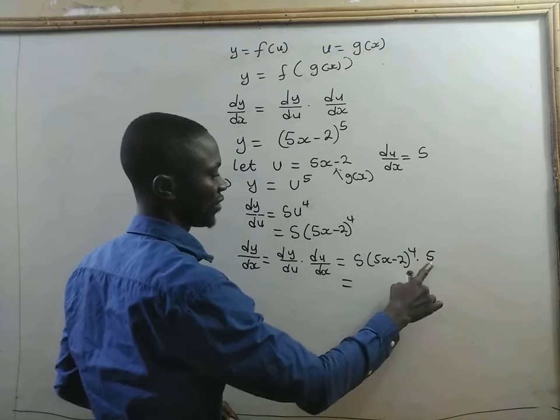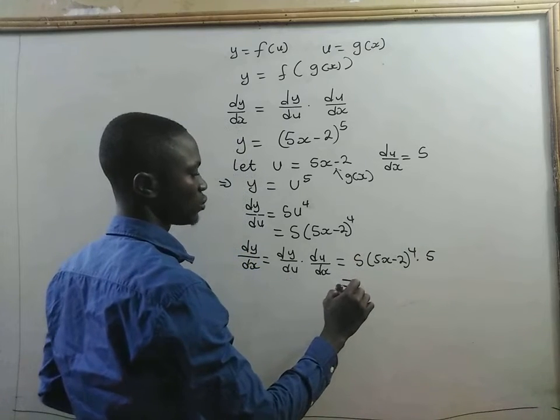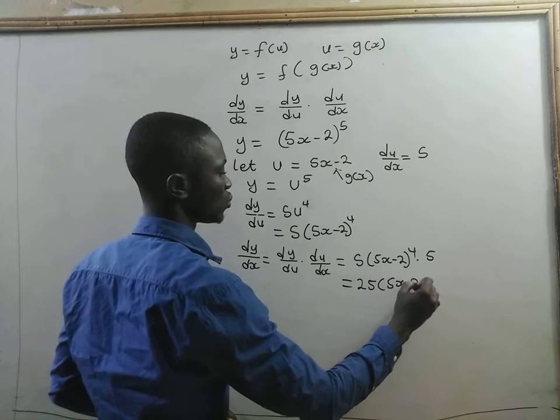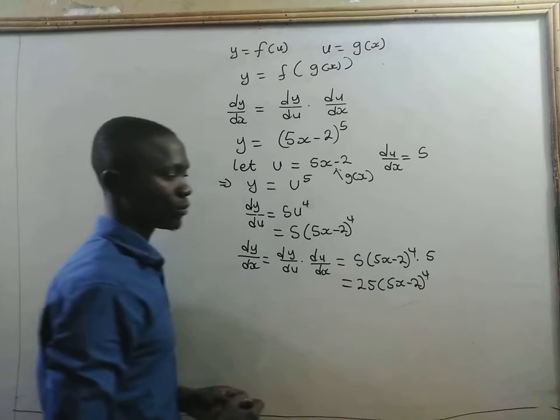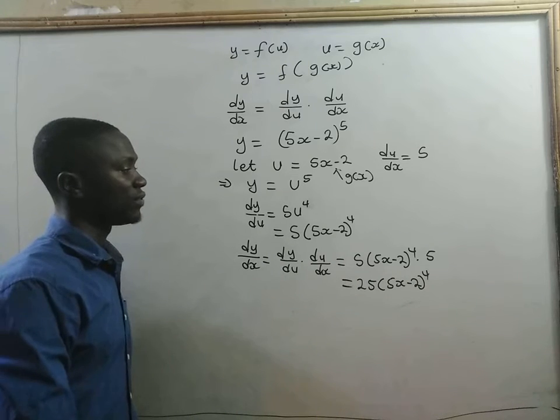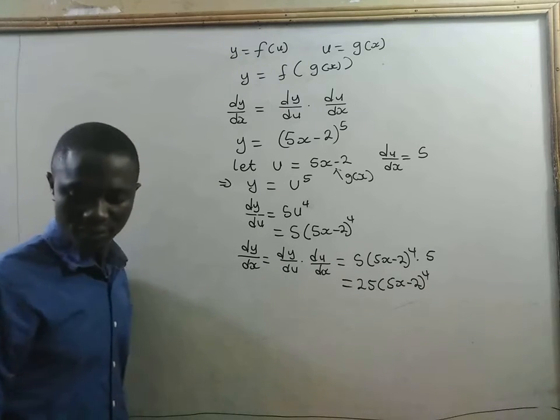So we have 5 times 5, that will give us 25 times 5x minus 2 to the power 4. Very, very simple as that.